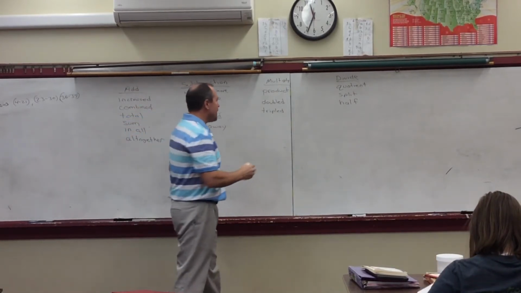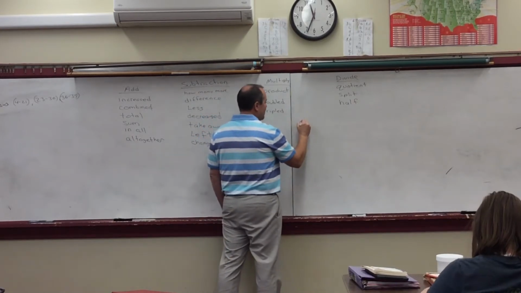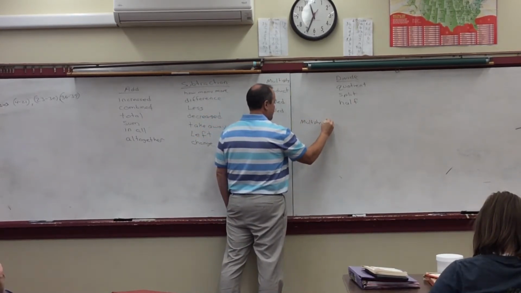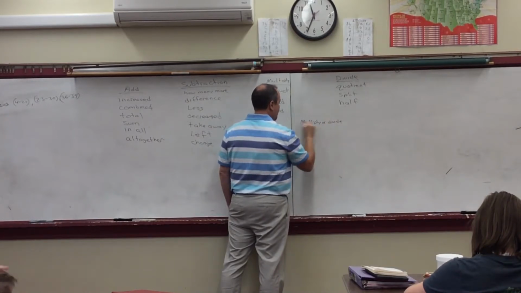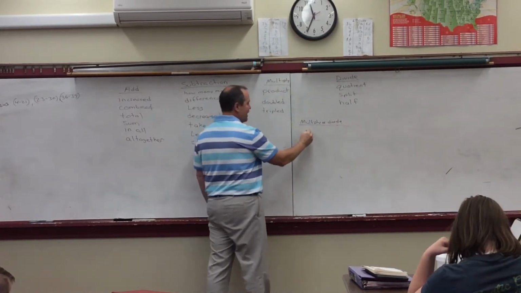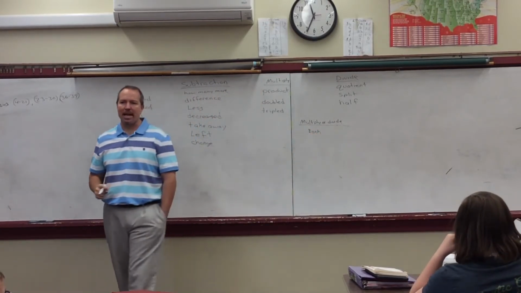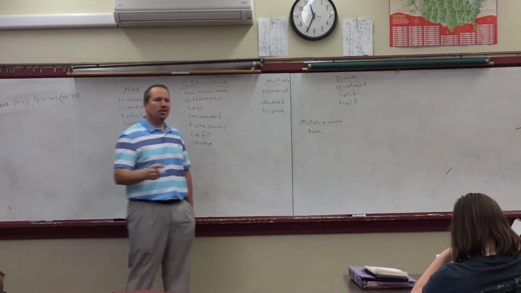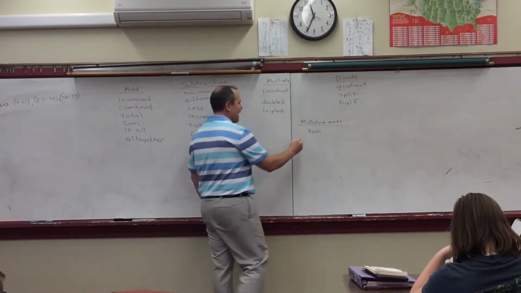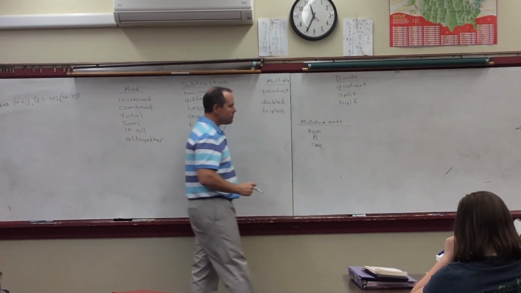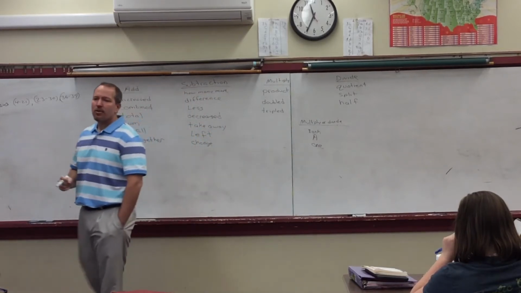Now, the keywords for multiplying or dividing combined would be each. If you see the word each, you know you're going to be multiplying or dividing. Or if you see words that mean the same as each, such as a, one, things like that.